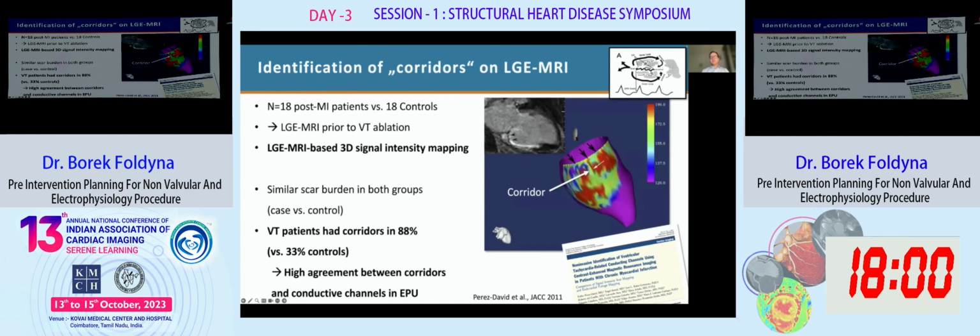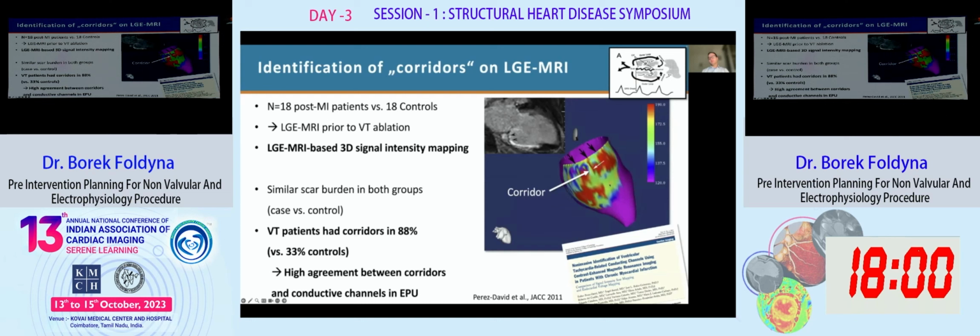But MRI can help us with this. What we can do with an MRI is actually look at certain layers of the left ventricular myocardium and identify so-called corridors. In electrophysiology, we call these channels, but in imaging, we call these corridors. And these corridors usually connect healthy tissue.